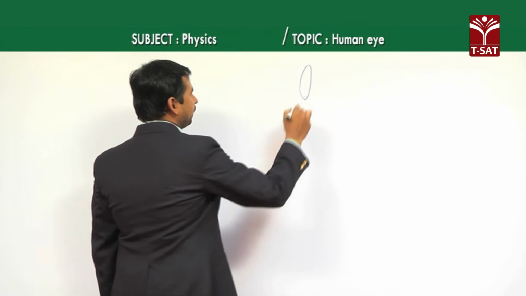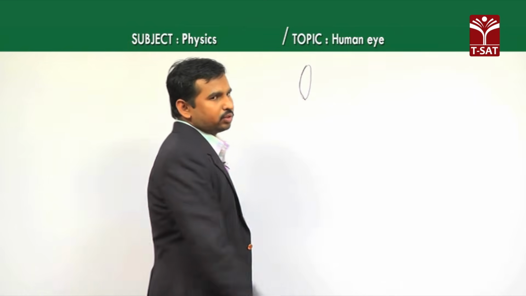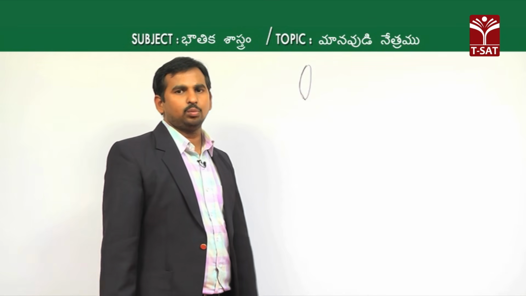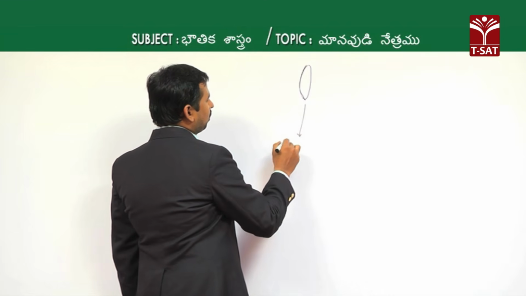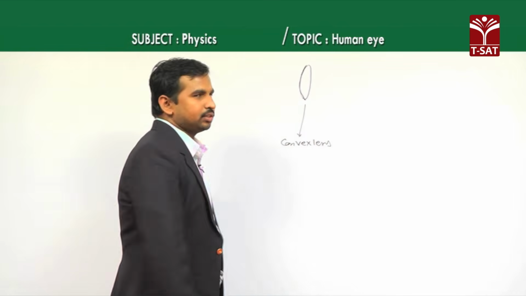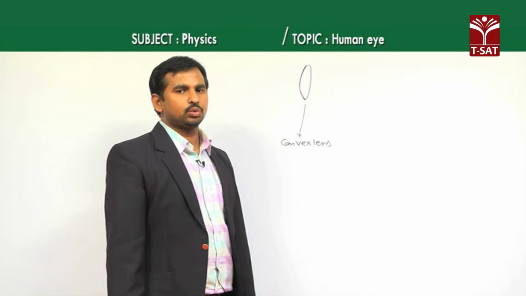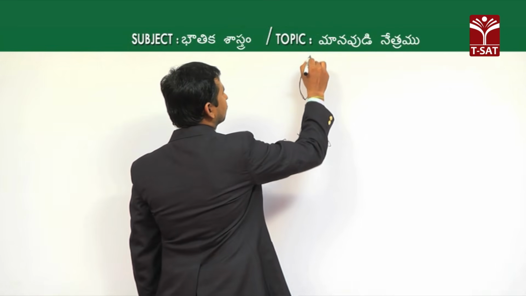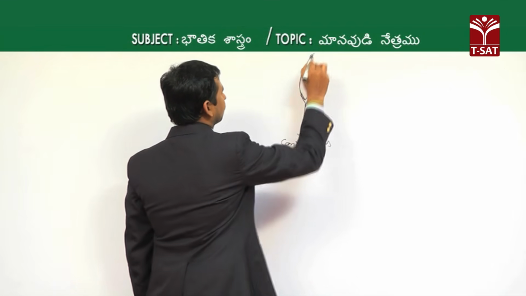Our eye lens is a very sensitive and very elastic lens, and it is like a double convex lens. So, our eye lens is a double convex lens. As it is very sensitive, it is actually held by clip-like structures.